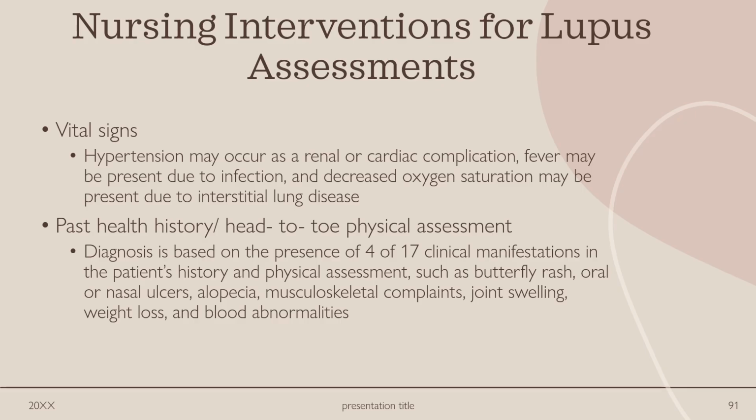We're going to do a head-to-toe physical assessment. Diagnosis is based on the presence of 4 of the 17 clinical manifestations in the patient's history and physical assessment, such as the butterfly rash, oral or nasal ulcers, alopecia, musculoskeletal complaints, the joint swelling, weight loss, and blood abnormalities.